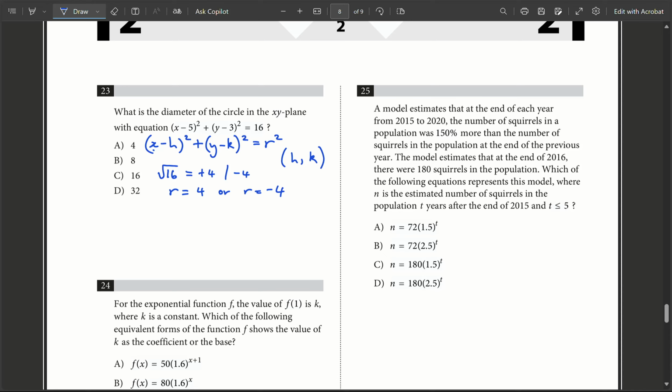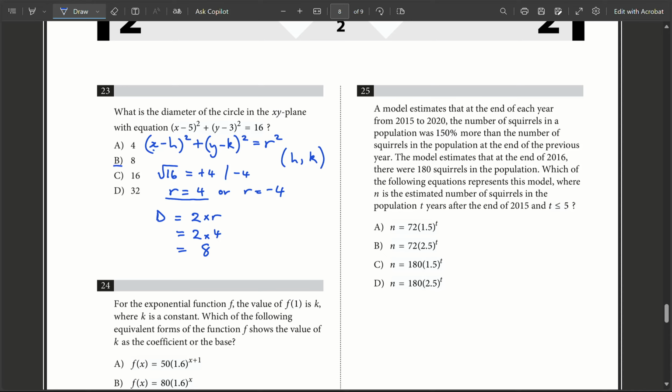But the radius of a circle can't be a negative number. So we're going to work with the positive number, r is equal to 4. And we know that the diameter is equal to 2 times r, so that gives us 2 times 4, and that is 8. So the answer is B.